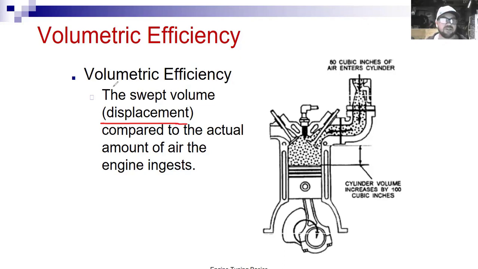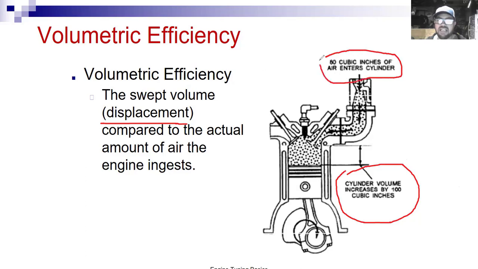Well, the volumetric efficiency is comparing that. So here I have an engine that's 100 cubic inches, but when we measured it, only 80 cubic inches of air entered the engine. So we would say its volumetric efficiency would be 80%.